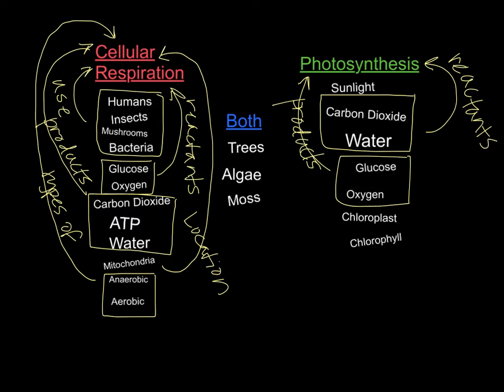The chloroplast is the location for photosynthesis, so it's the part of the cell where photosynthesis takes place. And the chlorophyll is in the chloroplast. This is actually what makes it green.